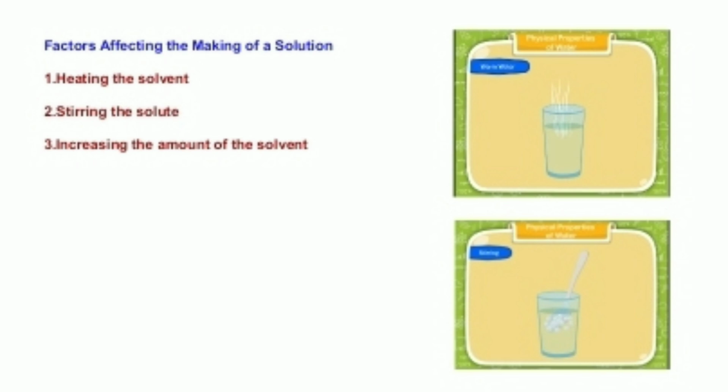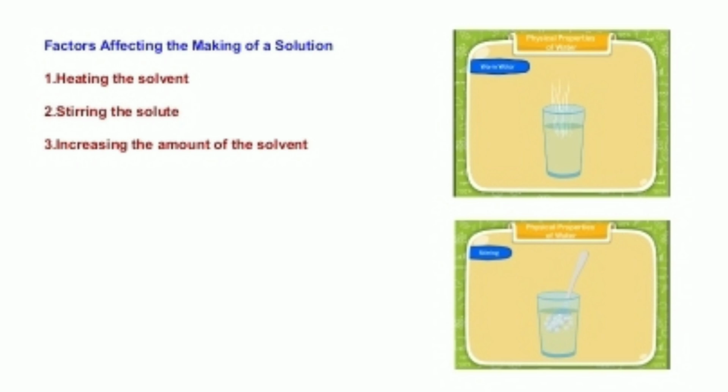The second factor affecting the making of a solution is stirring the solute. On stirring the solute using a glass rod or a spoon, it dissolves faster in the solvent to form a solution in less time. You might have noticed that if you put salt or sugar in water and leave it, it takes a lot of time to get dissolved and vanish.